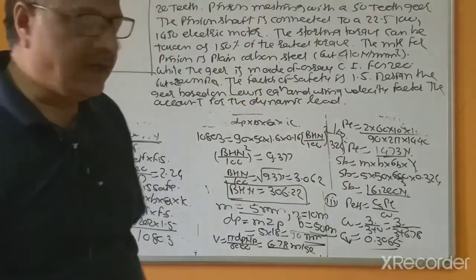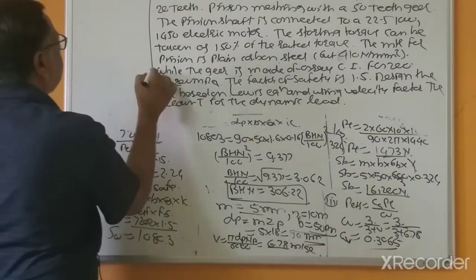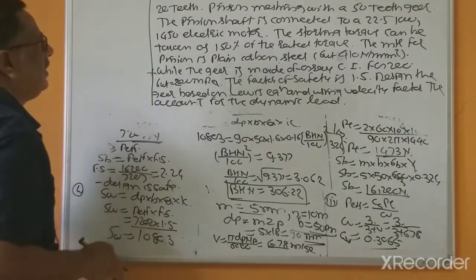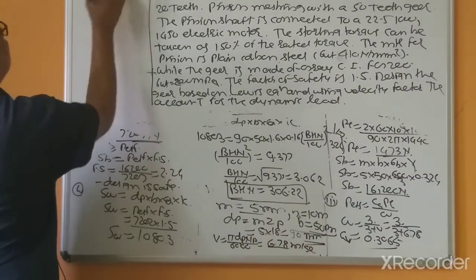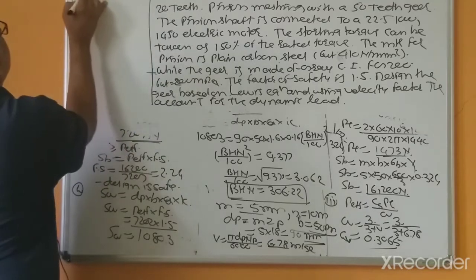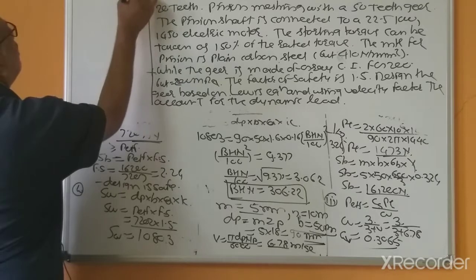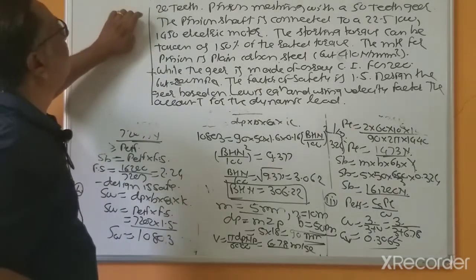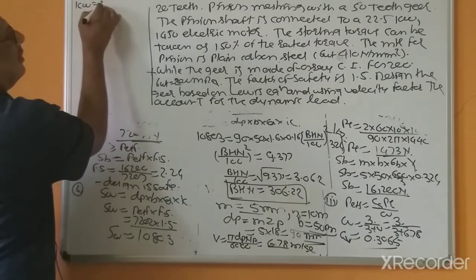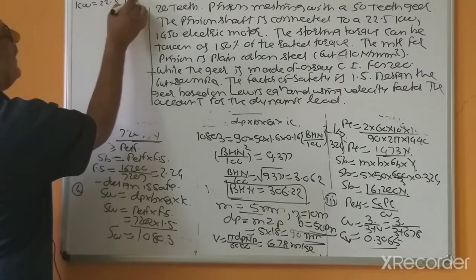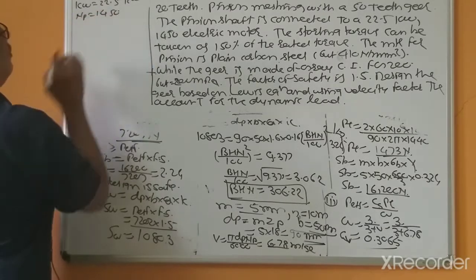So first we'll extract what is given data. It is required to design spur gears with 20 degree full depth involute teeth. ZP 20, ZG equal to 50, kilowatt 22.5, NP 1450.